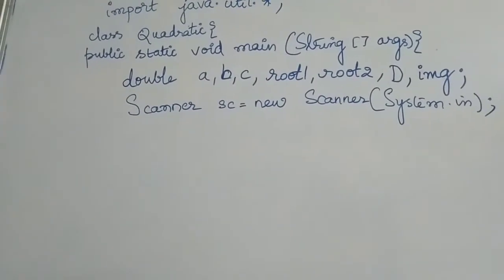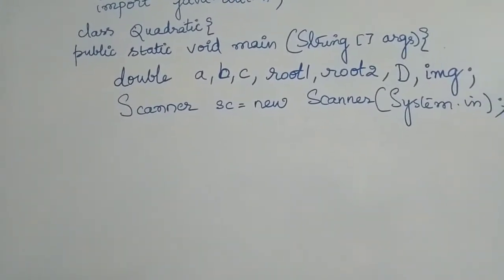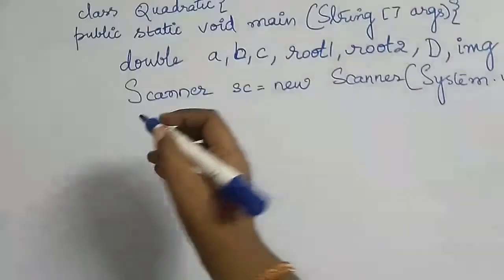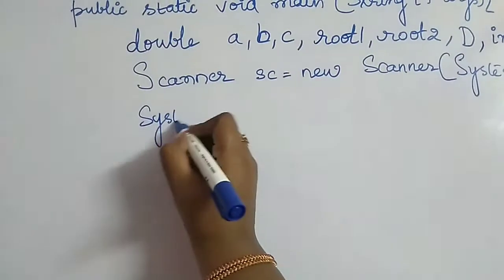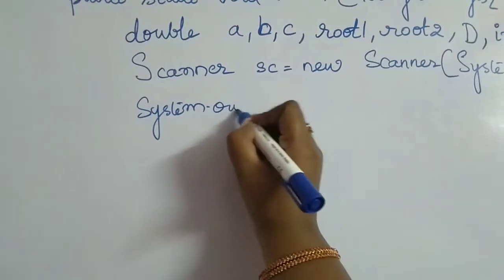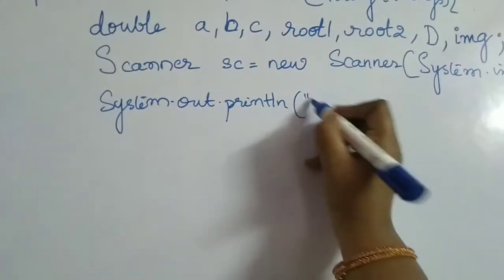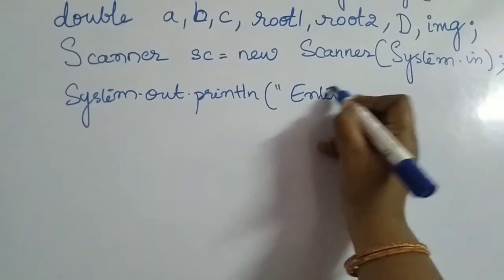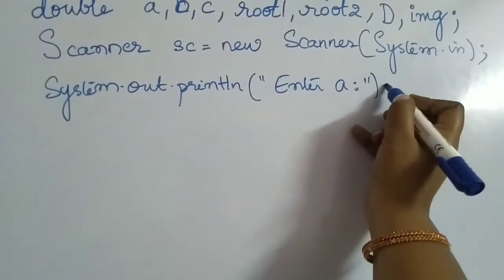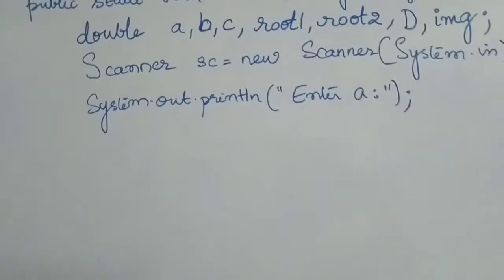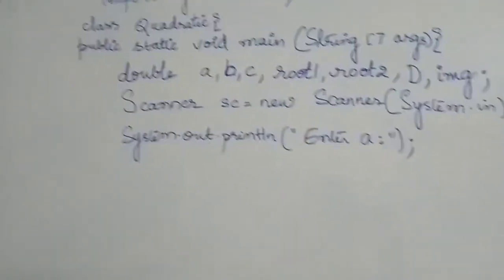For reading that, I am writing an interactive statement, System.out.println, asking the user to enter a. You can also write another interactive statement saying that a should not be 0.